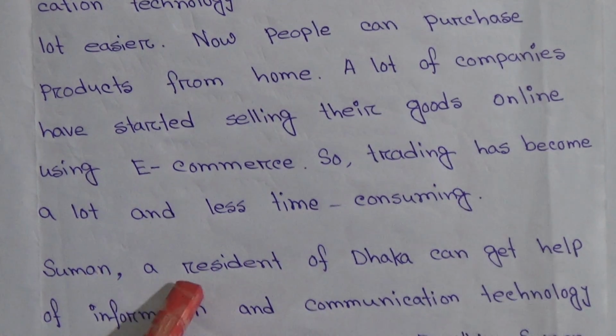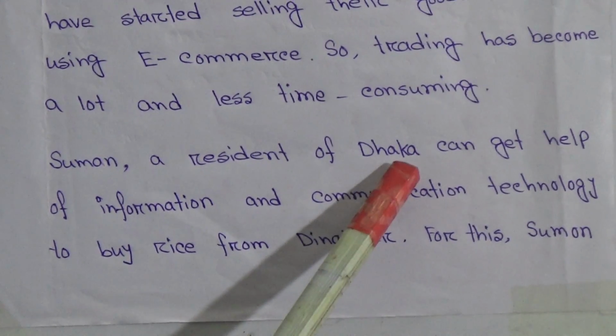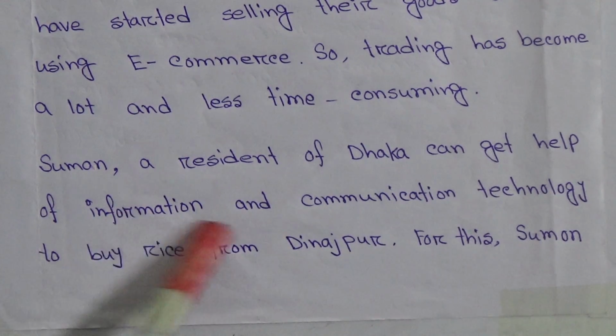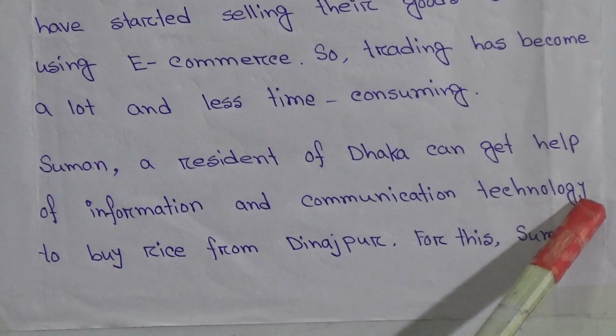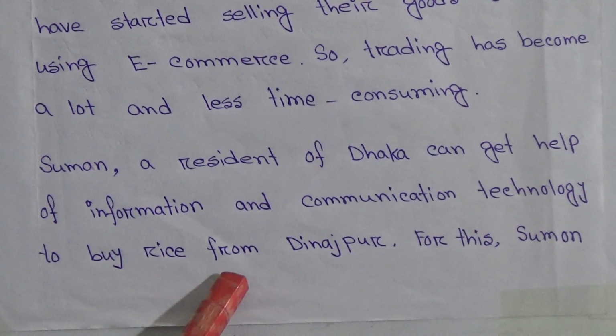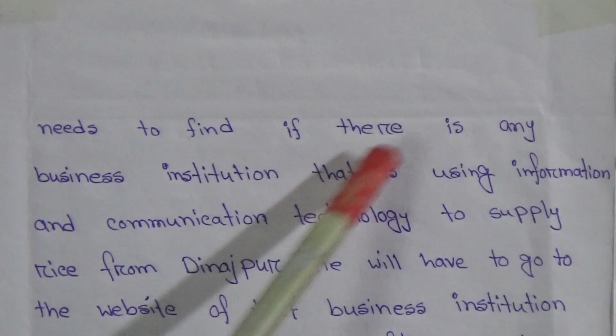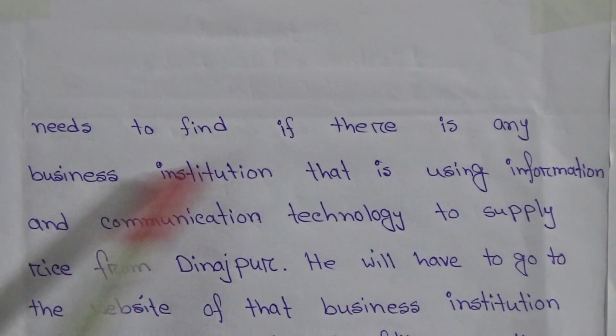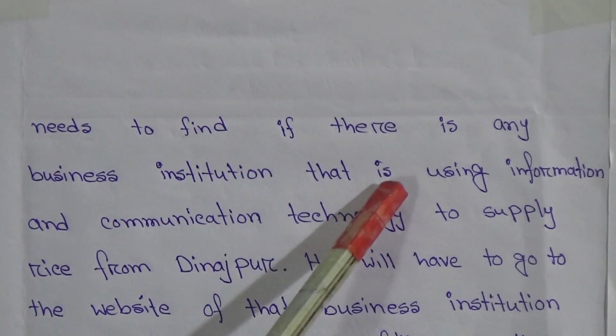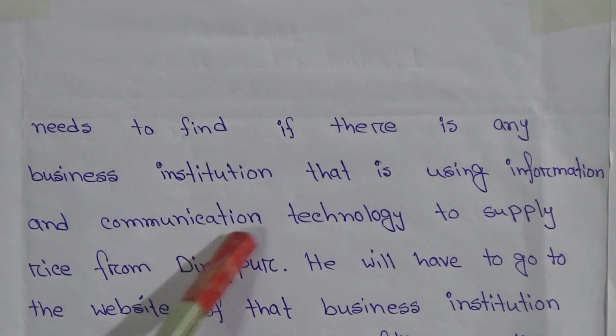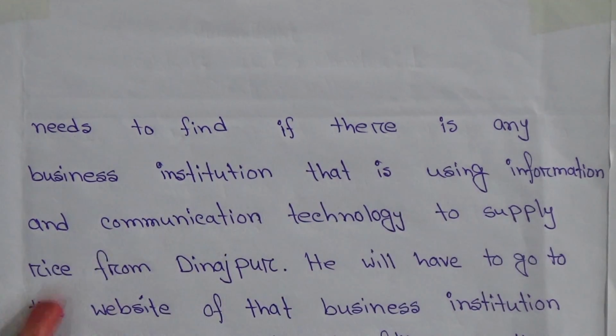Ch-1, a resident of Dhaka, can get help of information and communication technology to buy rice from Dinajpur. For this, Ch-1 needs to find if there is any business institution that is using information and communication technology to supply rice from Dinajpur. That means Ch-1 needs to search for such an institution.